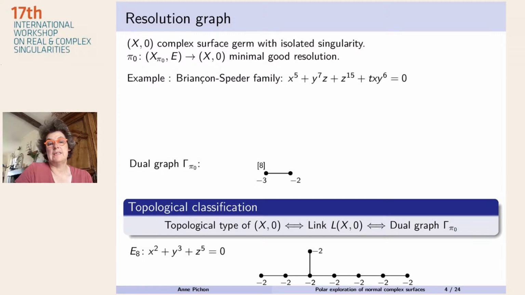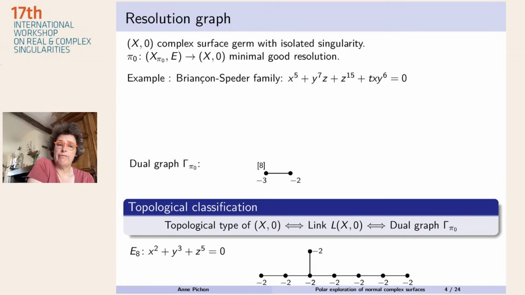One of them is P^1, a projective line, and the other one is a curve of genus 8. The curve of genus 8 has self-intersection -3, and the other one has self-intersection -2.